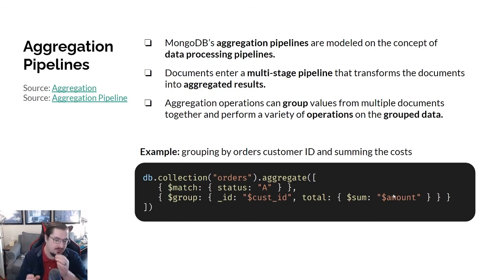So take all the orders for each customer, add up their amounts, and that's the total. So the result of this stage will be documents that just have an ID and a total, and that's the only thing that will be there. So we've got a matching stage and we've got a grouping stage.